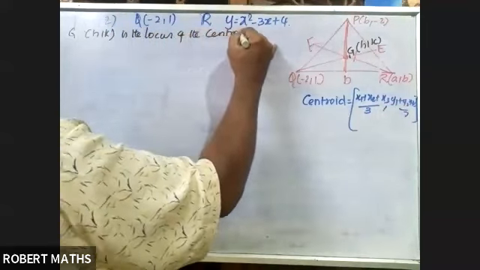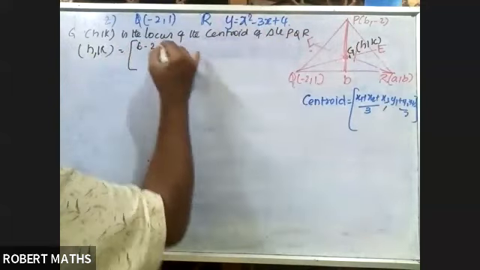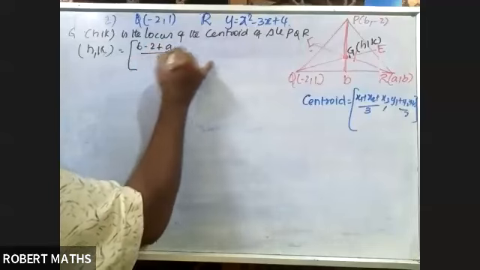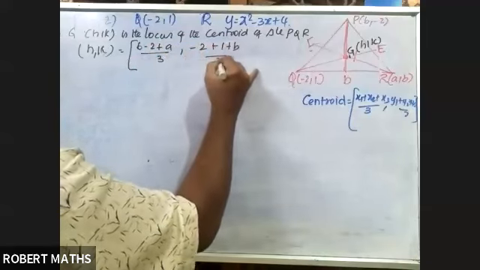Now we can find out the centroid h, k using the formula: 6 minus 2 plus a divided by 3, and 2 plus 1 plus b divided by 3.